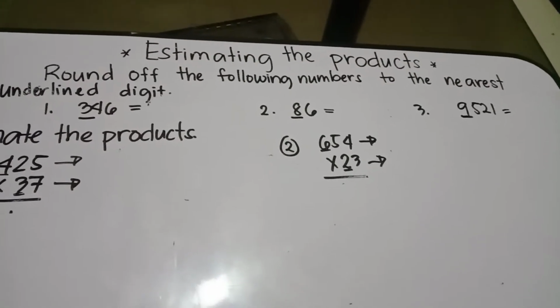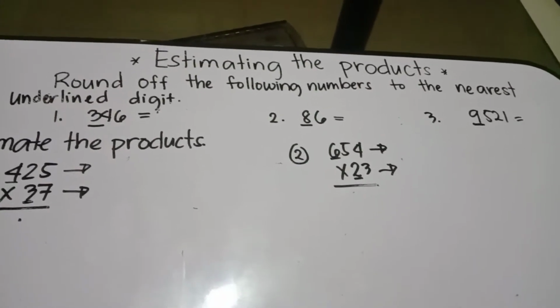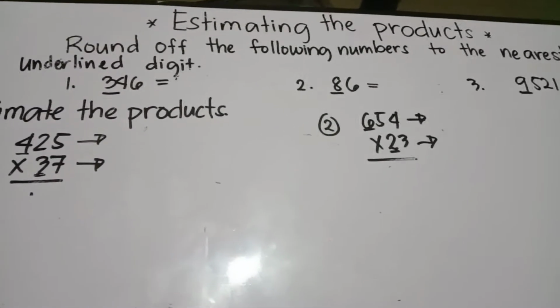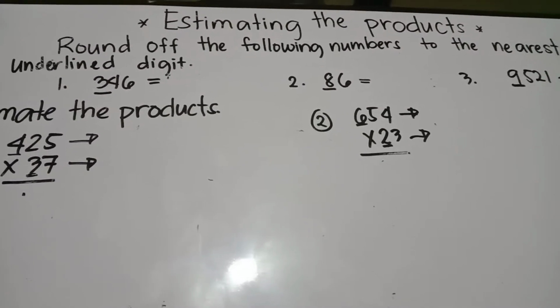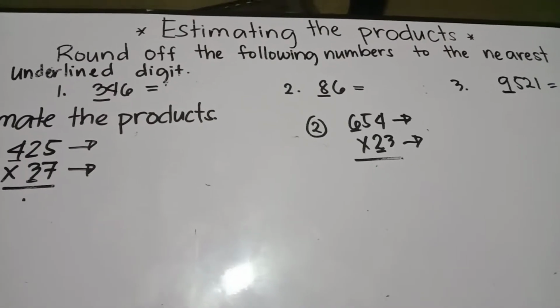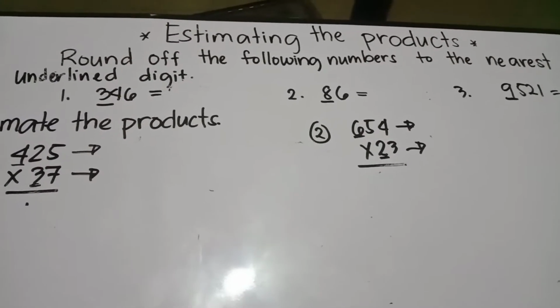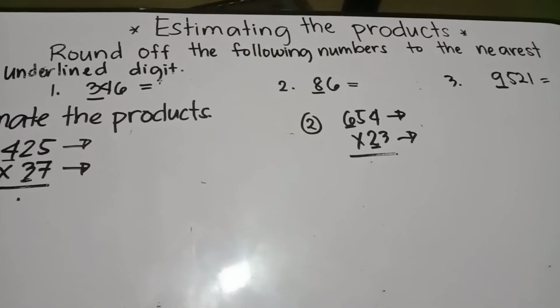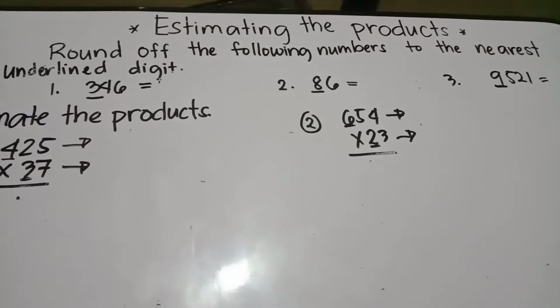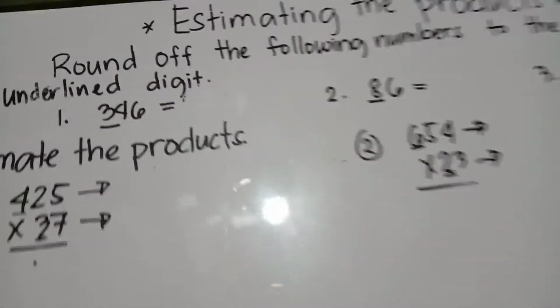Now, if the next digit at the right is 5 or more than 5, we are going to add 1 to the digit. But if the next digit is less than 5, which is 4, 3, 2, 1, or 0, we are going to retain the number. So let's try the first example.